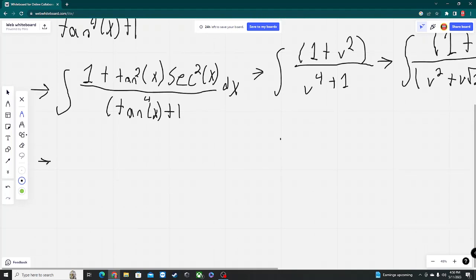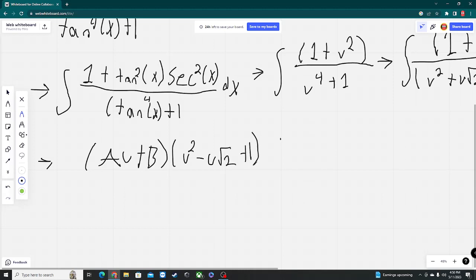Okay, I'll sub this value in. Remember, in terms of u, so au plus b times our u squared minus u square root 2 plus 1, plus our, we could do it opposite, but it doesn't matter, parentheses cu plus d. I guess it would be better if I did it the other way, but I'm not changing it now.